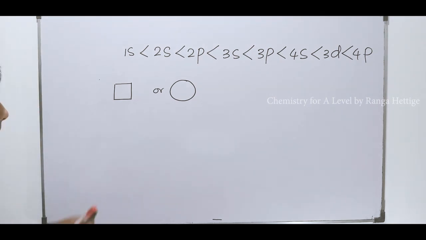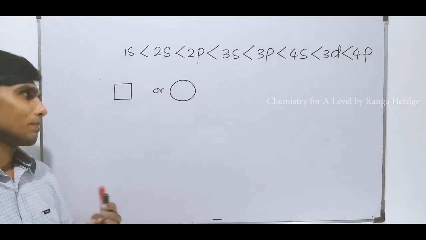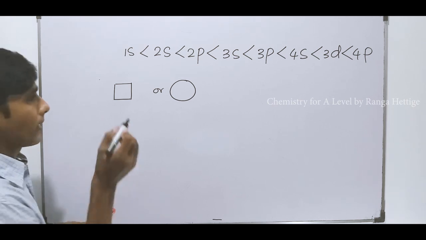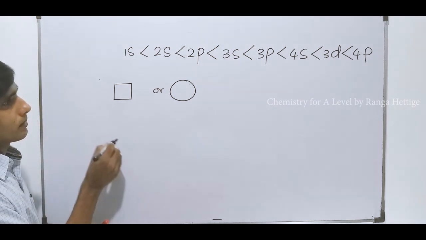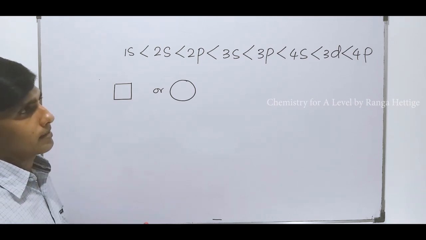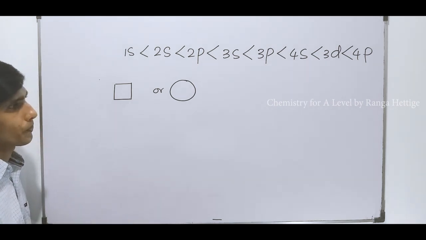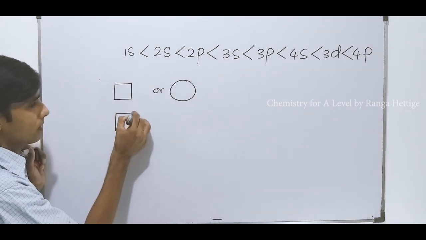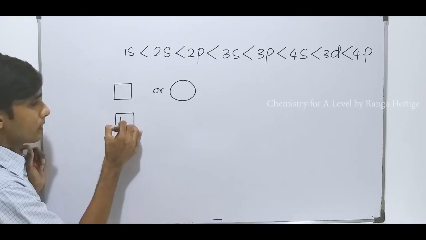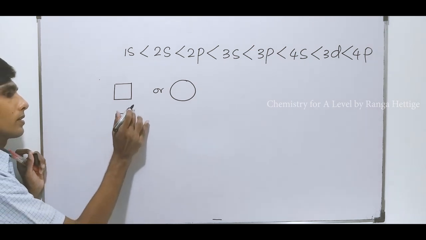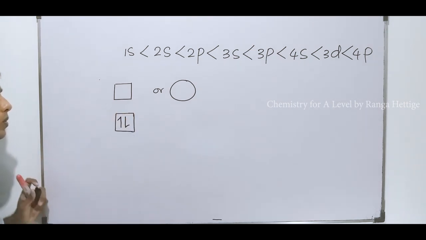Now, as I explained, an atomic orbital is simply represented like this. In the previous video I also explained that the maximum number of electrons that can be present in an atomic orbital is 2. When there are 2 electrons in an atomic orbital, we represent it like this, with 2 opposite half-headed arrows.